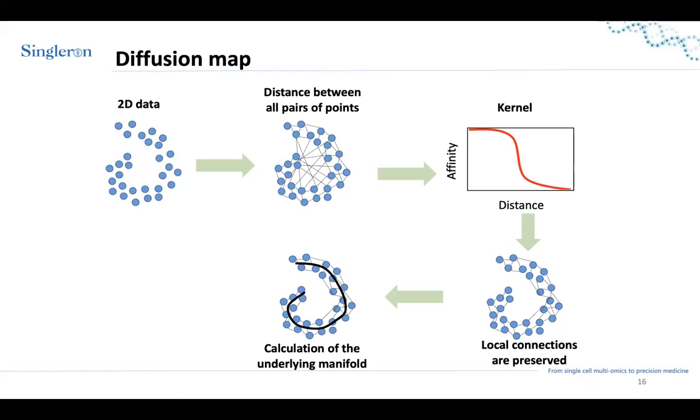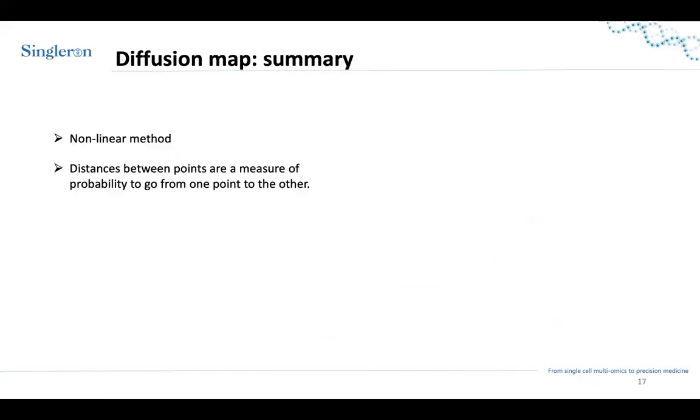Okay, so then using these new components, in diffusion map or the new components, if you use ICA, you can reduce the dimensions to then go for the next step that I will explain on the next slide. So the diffusion map, if we summarize, is a nonlinear method.